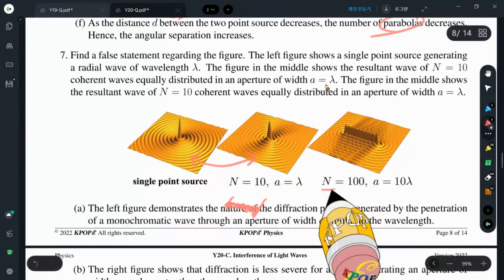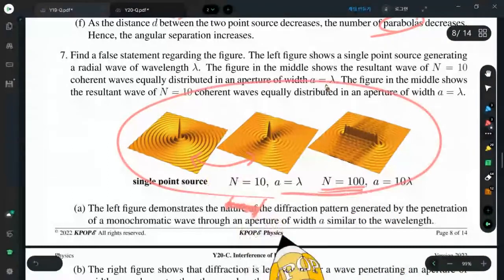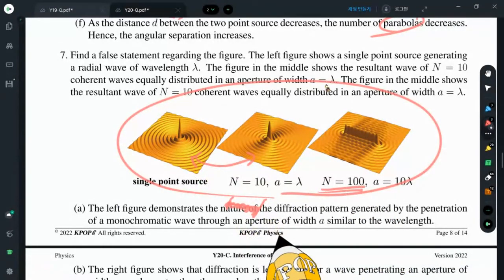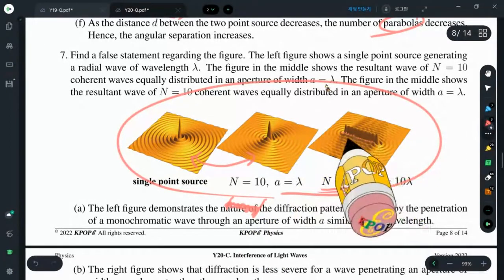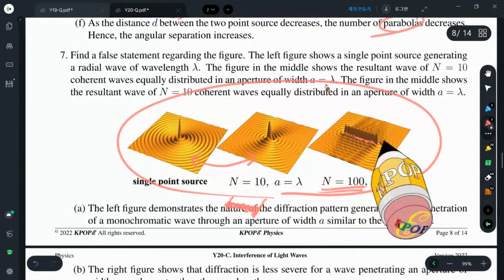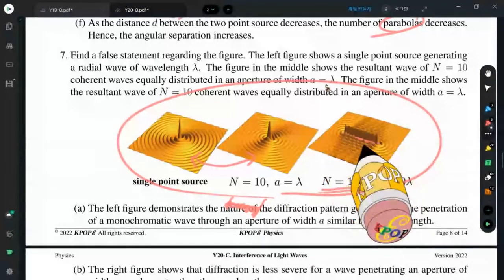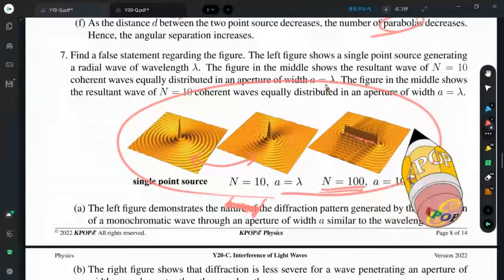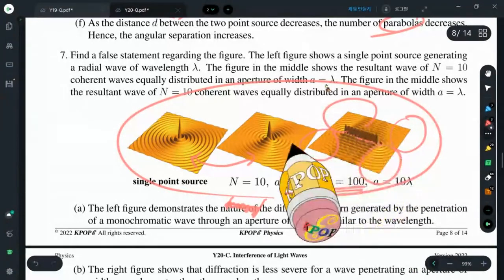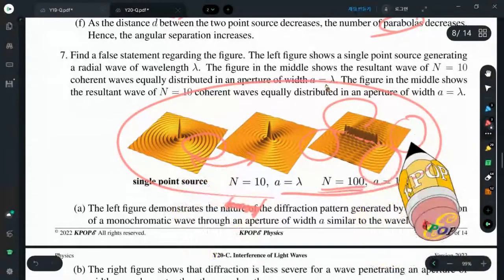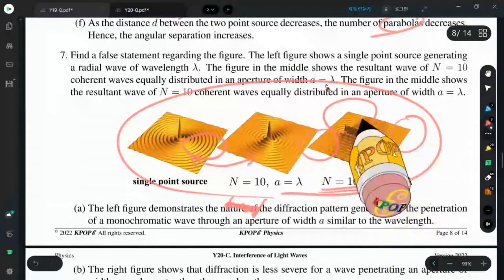If we increase to 100, this is the demonstration of Huygens' principle. If you collect many coherent sources all together in a series, then you can generate a plane wave. However, you can see that at the edge, this wave is circular. At the center, it looks like a plane wave.